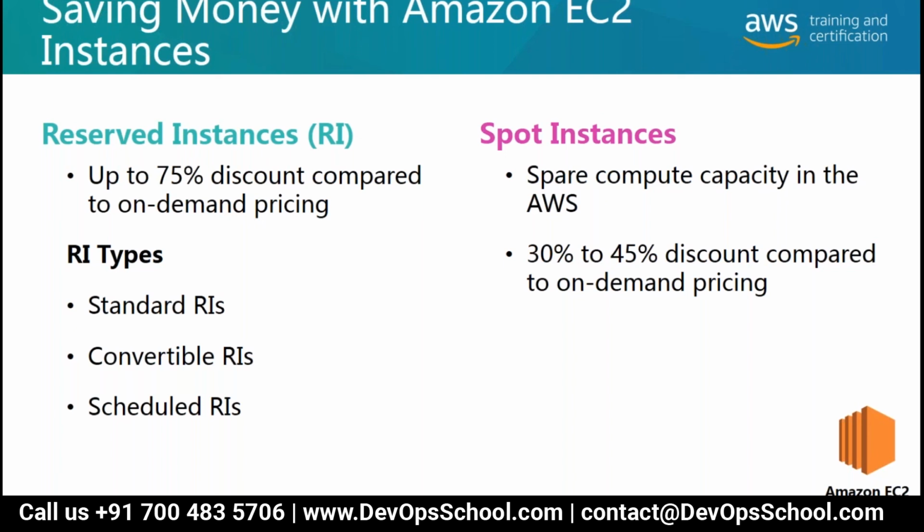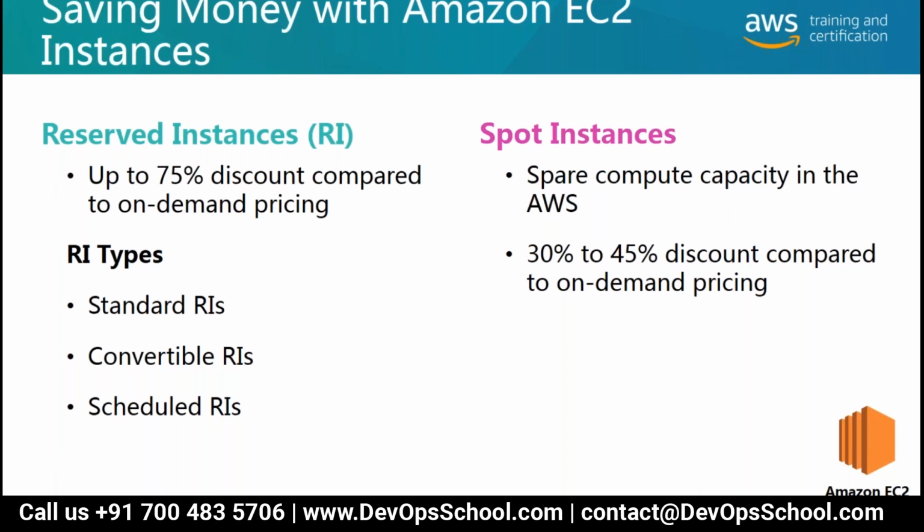There is the standard reserved instance, convertible reserved instance, and then scheduled reserved instance. And how are they different? Standard RIs provide the most significant discount, up to 75% compared to on demand, and they are best suited for steady state usage.